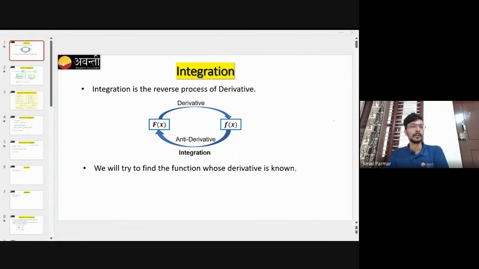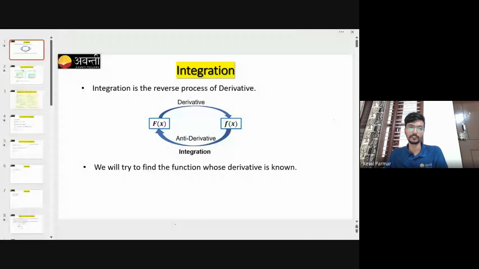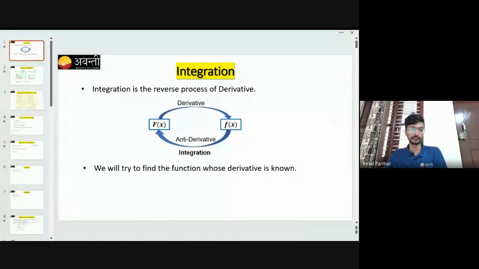Okay. So as you can see, integration is basically the process of antiderivative, or we can say the reverse process of derivative is integration.